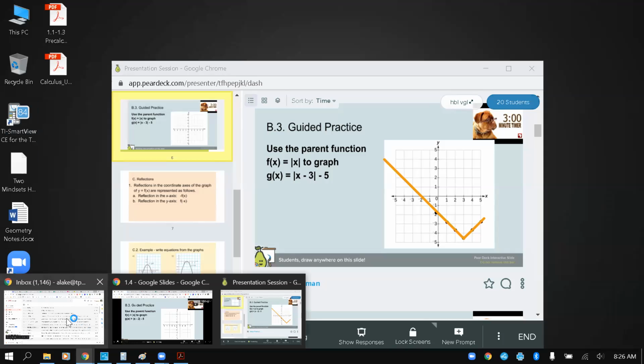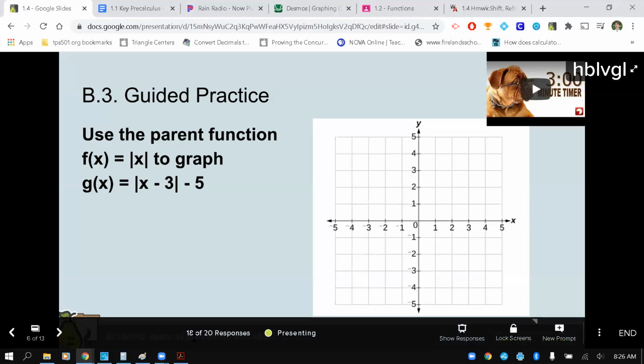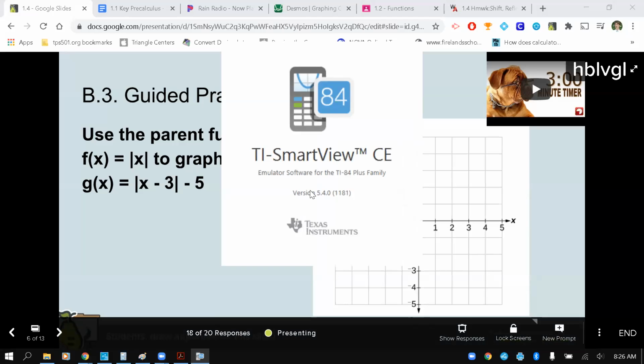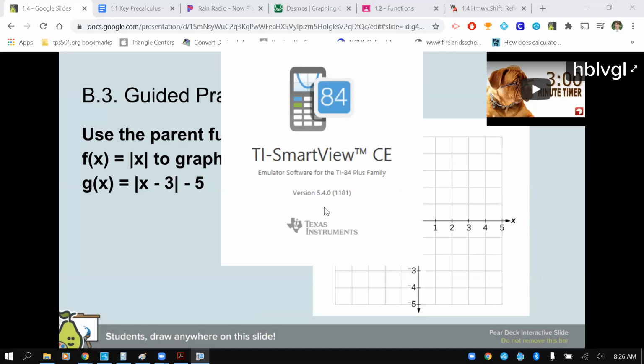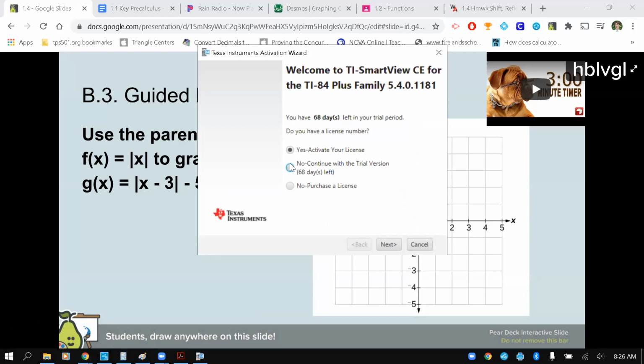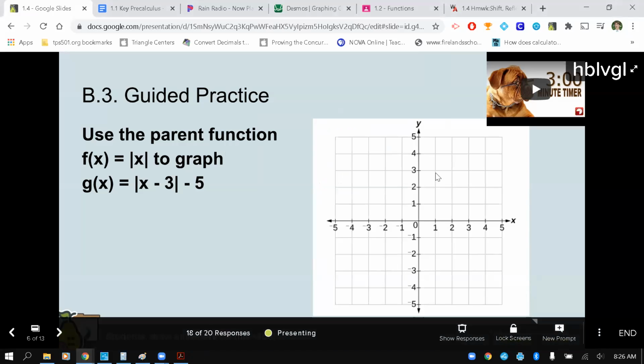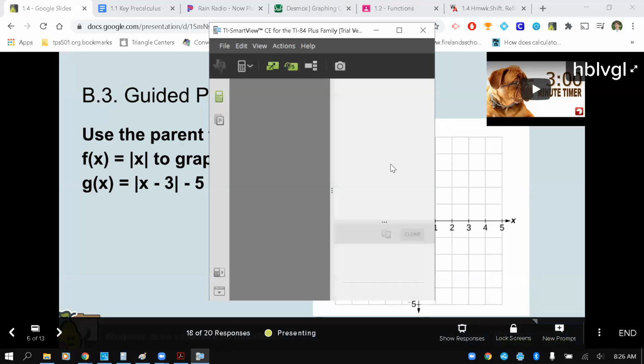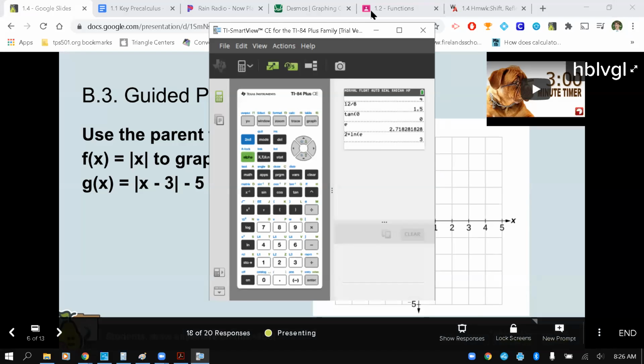Gotta open it. TI-84. Does this have trial for you all? Or do you just get it? I think you might just be able to have it. I have to have the trial version.